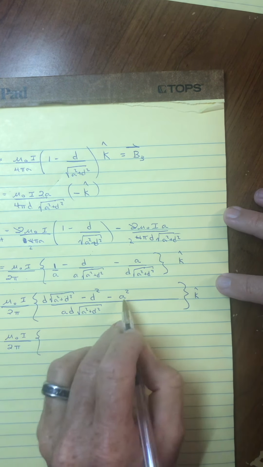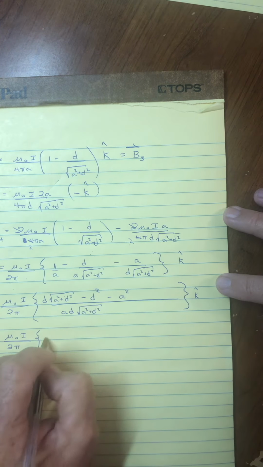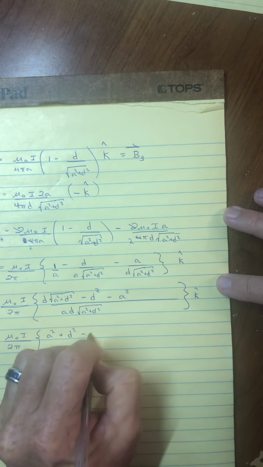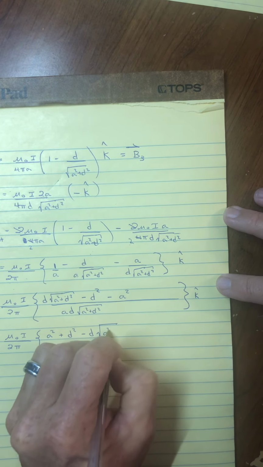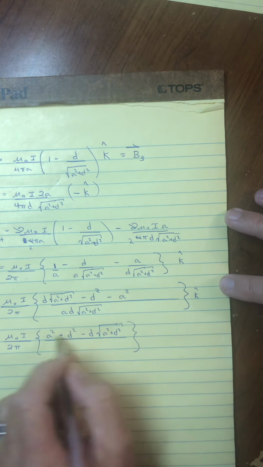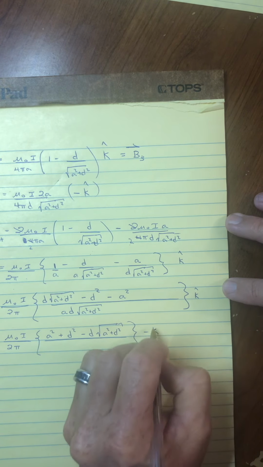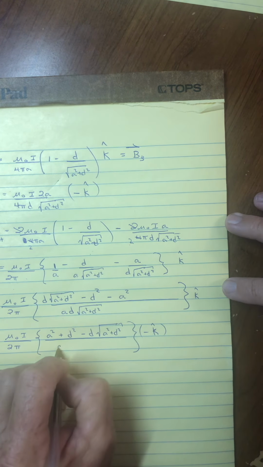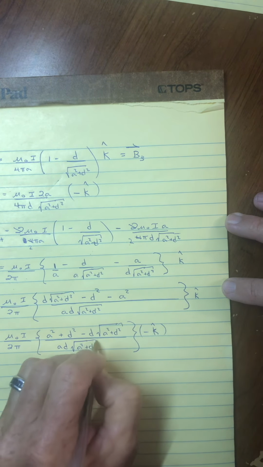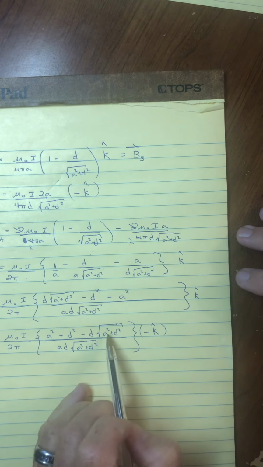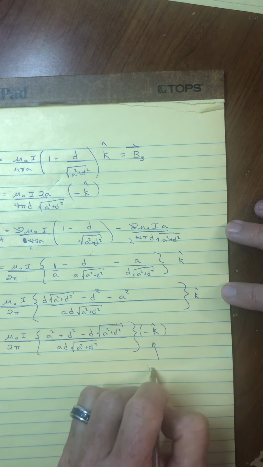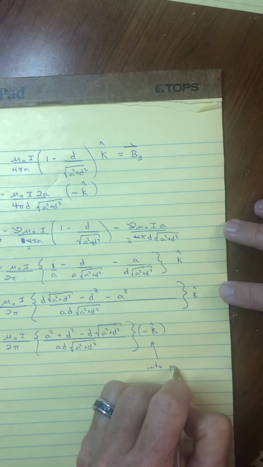Why don't I factor out a negative, so this becomes a squared plus a d squared minus a d square root of a squared plus d squared here. And I'll put that negative I factored out in with the direction, just because it's kind of nice to write radicals at the end. And so this would be going into the page.